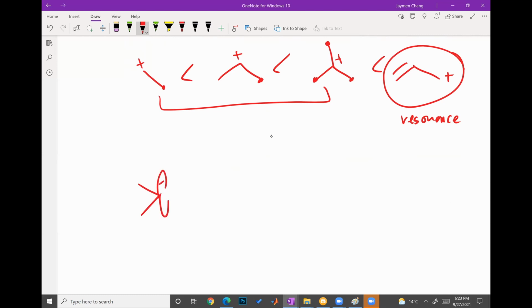I'm going to draw a quick diagram here. We draw our plus sp2, and then we have our, this is going to be our methyl group. And notice how it can donate electron density through those bonds. This is what we call hyperconjugation.